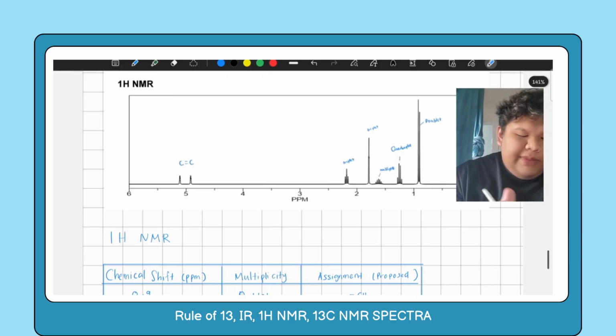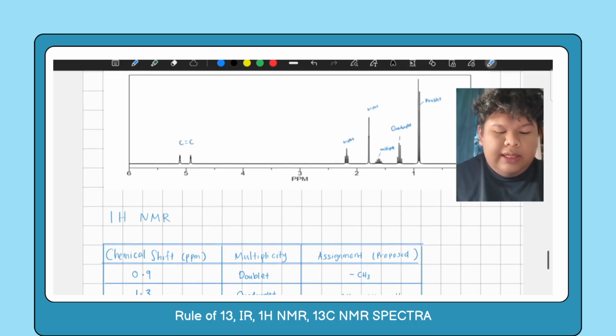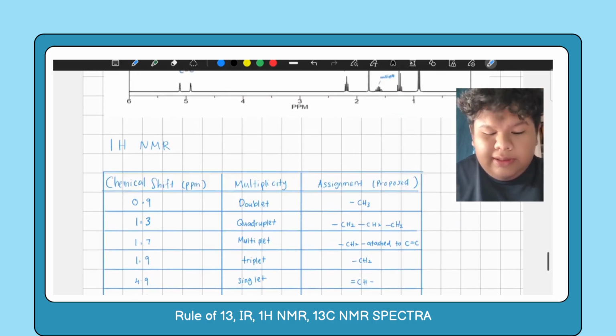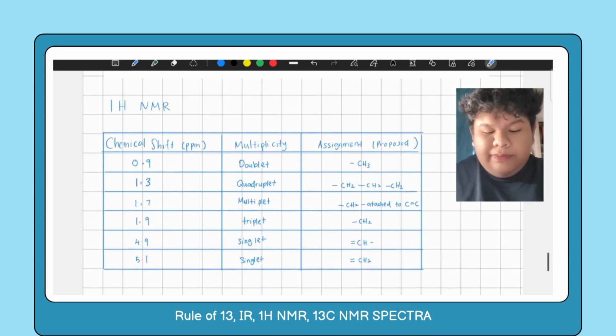And lastly, around 4.9 and 5.1 there is a singlet at each peak, but I believe it is a multiplet that can be considered as the carbon-carbon double bond.